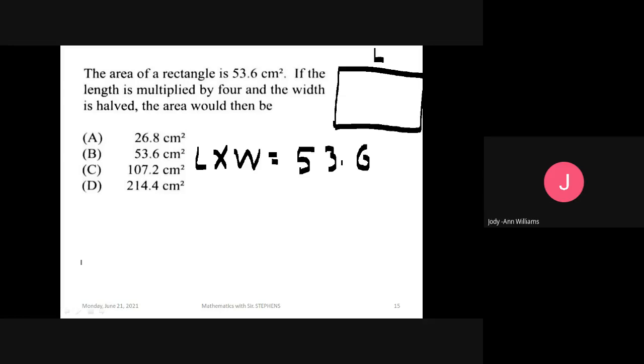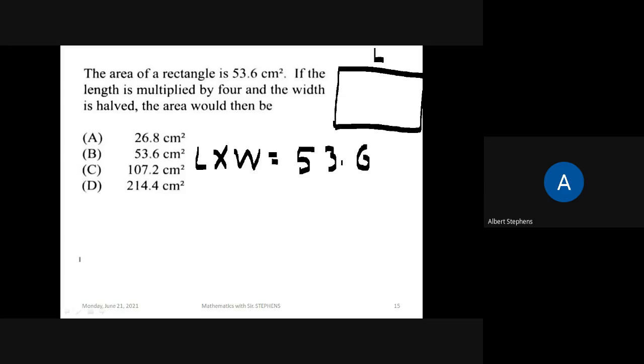But then it says the width is half. So then we divide the 107.2 by 0.5, sir, and I got 53.6. So what to do with the 4? I divide the area by 4, sir.